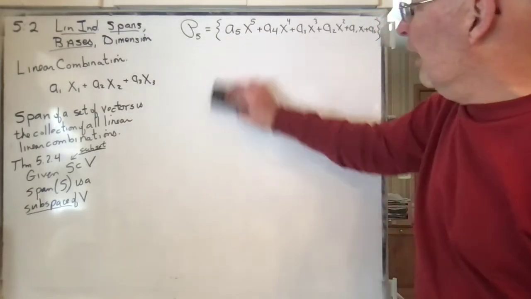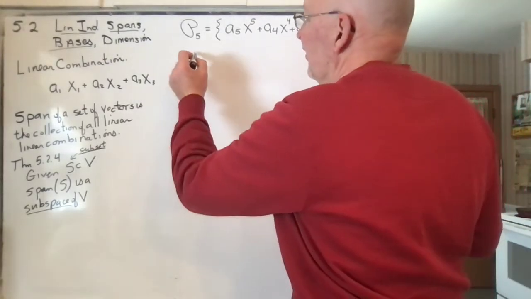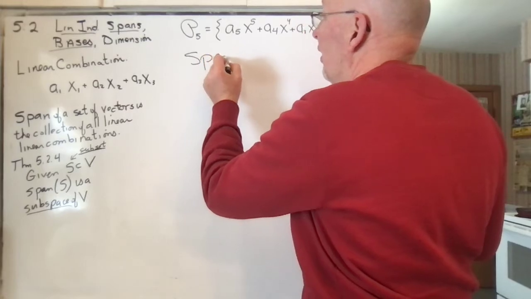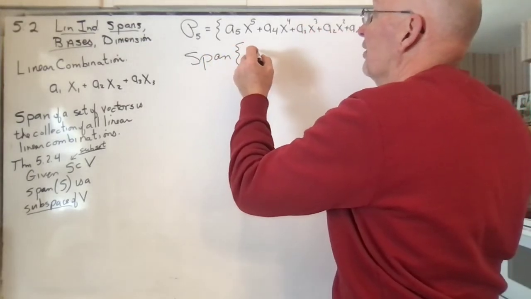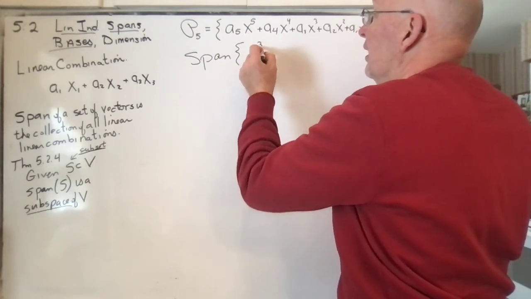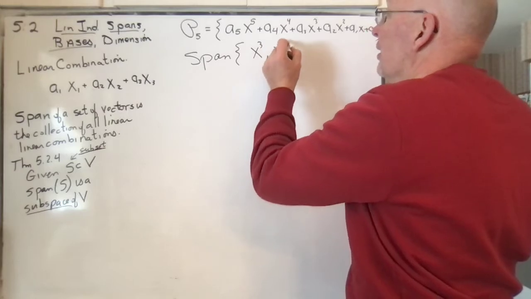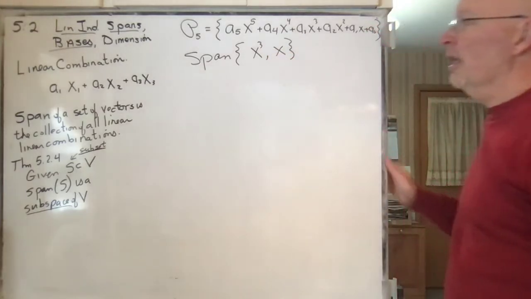Okay, now that that's a vector space, let's find the span of these two vectors. The vectors x cubed and x. Okay.